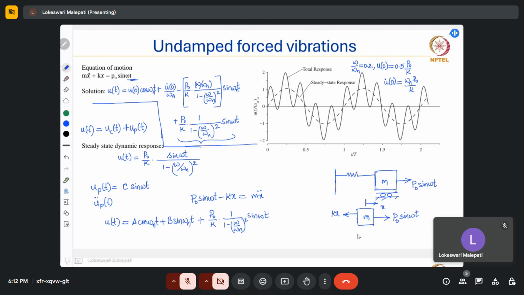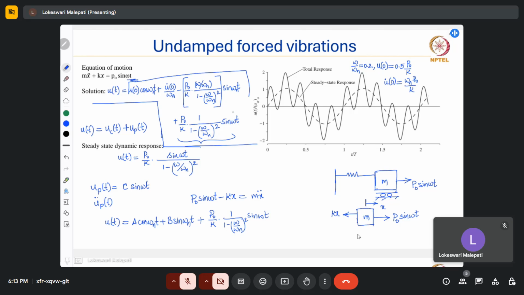If we see this, there are terms which can be differentiated using the frequency with which the components are varying. These two terms vary with the natural frequency, and this term varies with the forcing frequency omega. This portion is classified as transient response, and this is called steady state response.